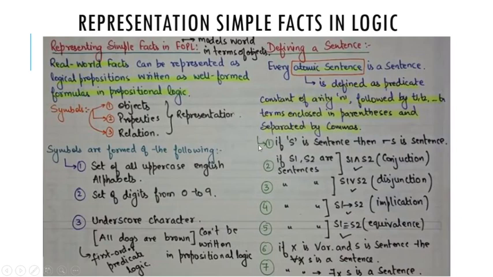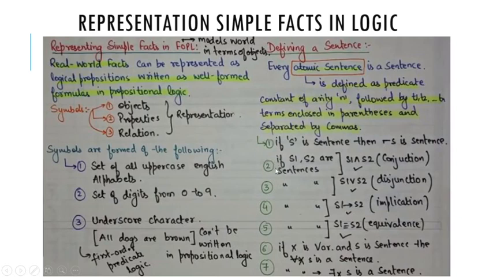Suppose we take seven examples of how we can define a sentence by using facts or logic. First, if S is a sentence, then we can write the negation of S, which is also a sentence.